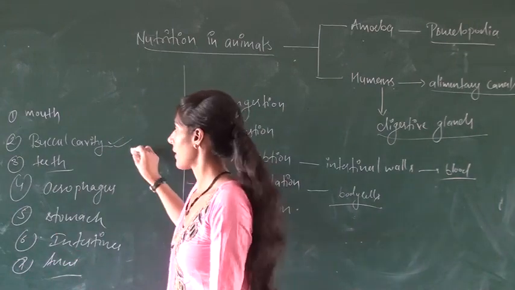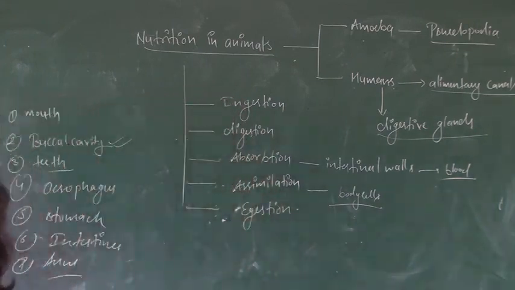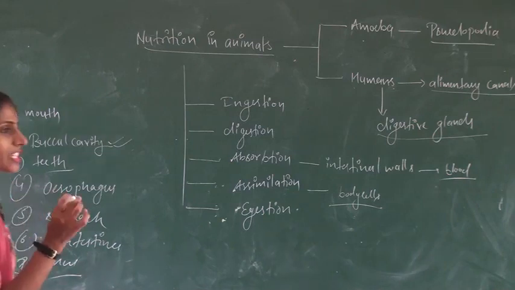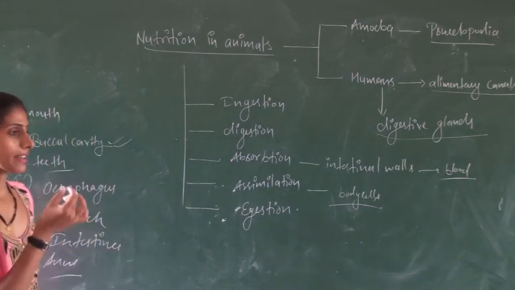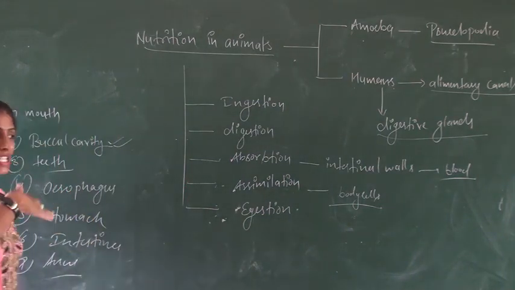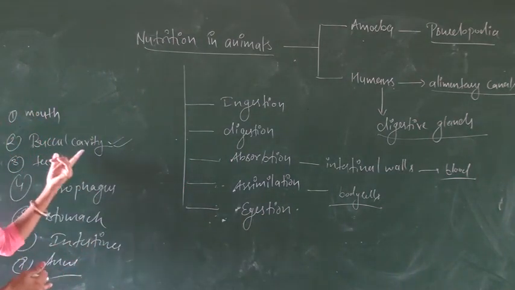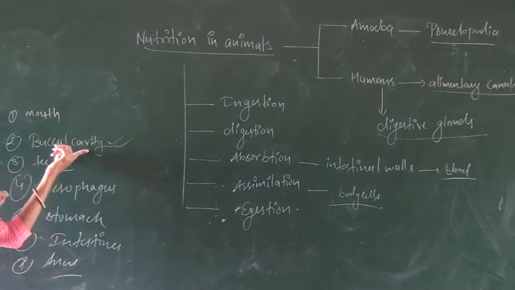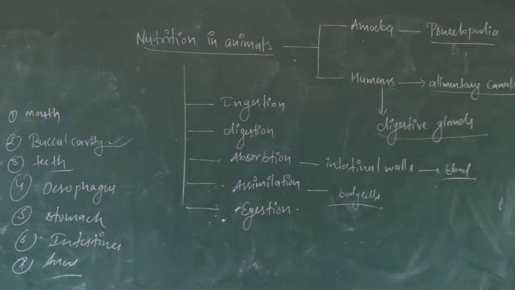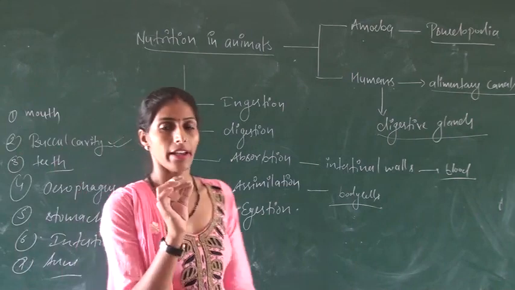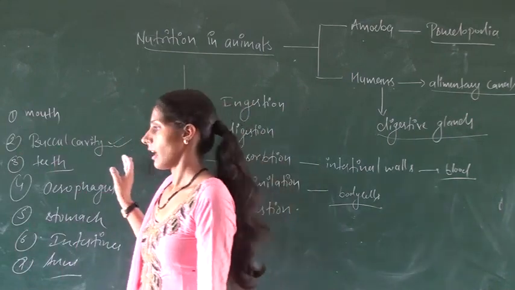At the floor of this cavity, a thick muscular structure is present which is known as the tongue. And the roof of the buccal cavity is a hard plate.